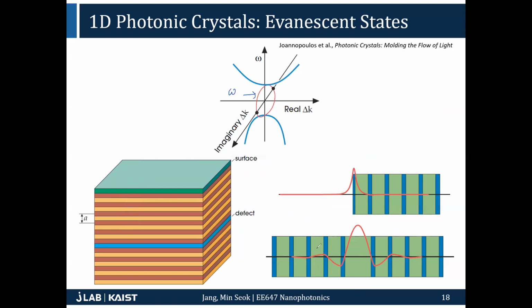Then in the crystal part, you shouldn't have any propagating mode, right? Because it doesn't exist. So the only possibility is you have an exponentially decaying mode, which looks like this. You have an exponentially decaying mode in this way, and one in that way. And in the middle, you have a defect so that this mode can survive, right? So that's another implication of the evanescent state.